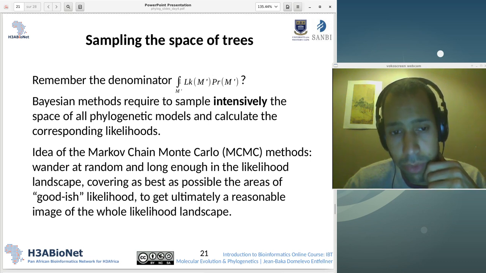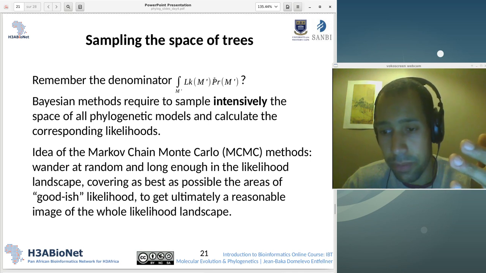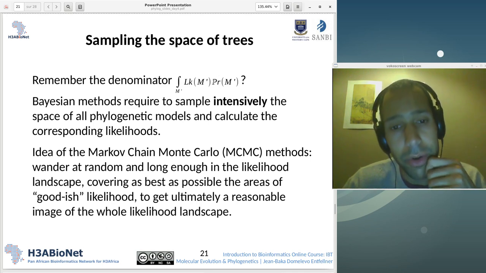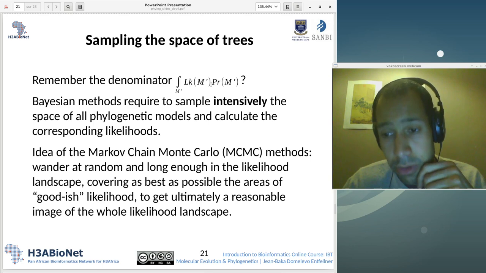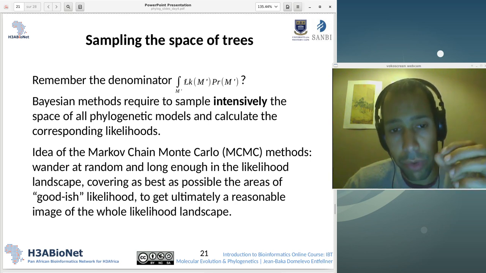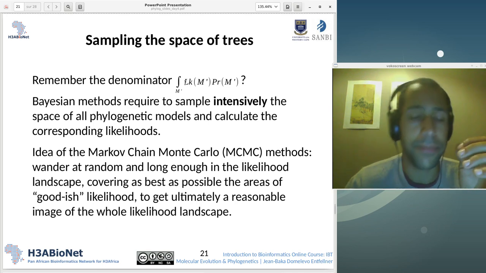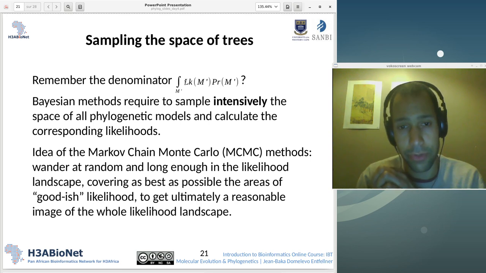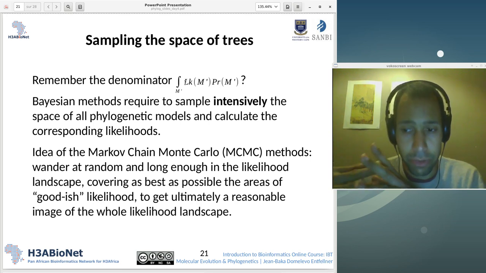As I said, this is a sum of positive numbers, right? A probability is positive, a likelihood is also a probability, a product of positive numbers is positive, but we want to make sure that in this sum, the infinite number of models we don't include are the models leading to a likelihood that is negligible.